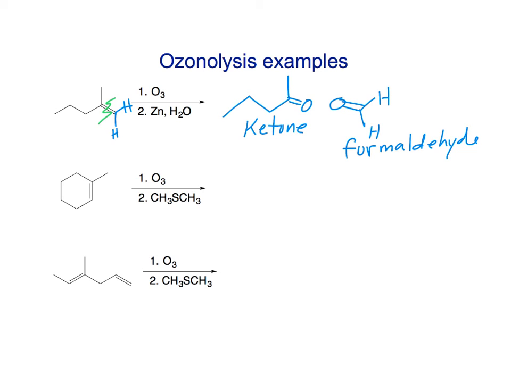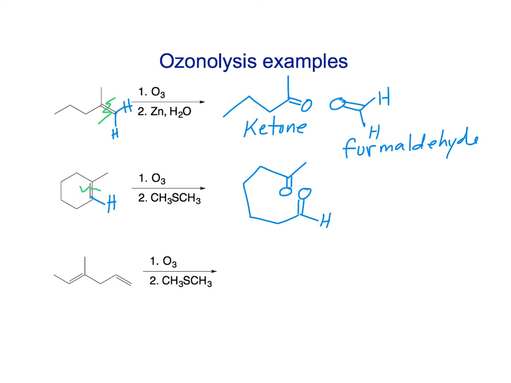We can even do an ozonolysis of an alkene in a ring. We do just the same thing. We're going to cleave this bond. Let's redraw it. I'm just going to leave a little extra room in here now. Here's an H because we had an H here. All we do is add an oxygen and an oxygen. Right?